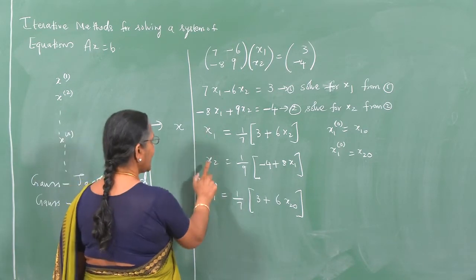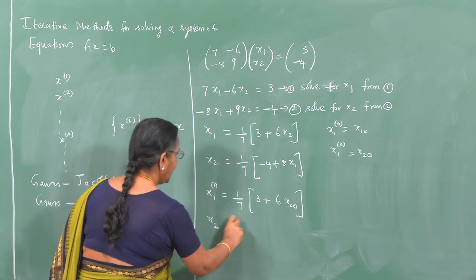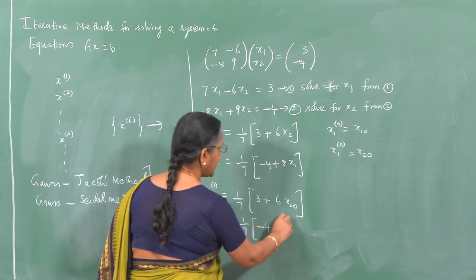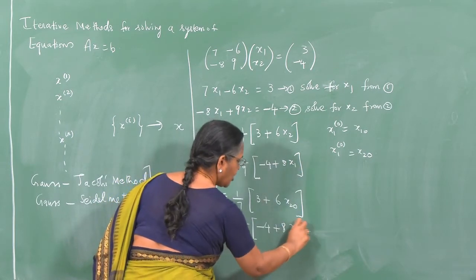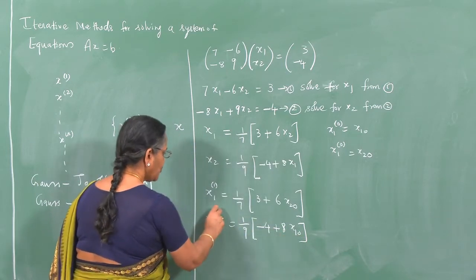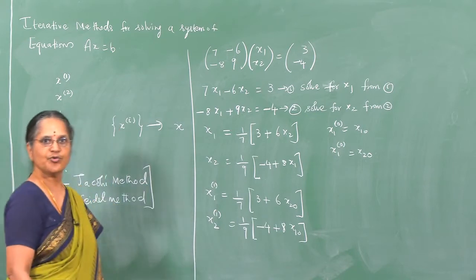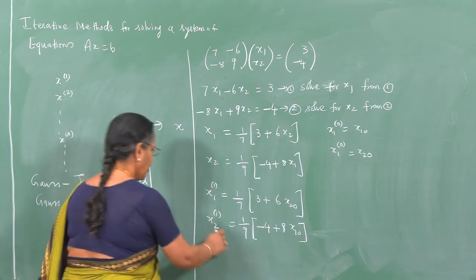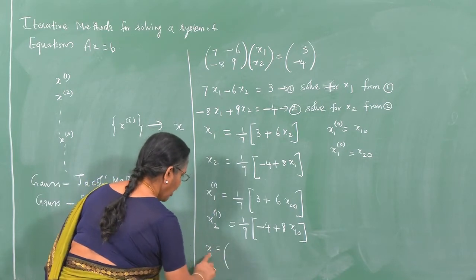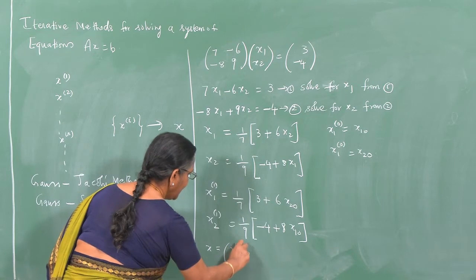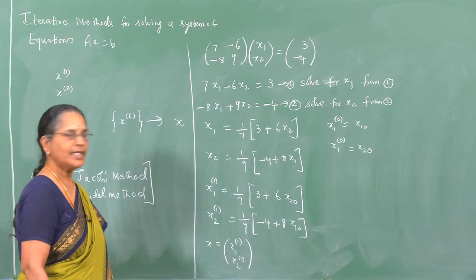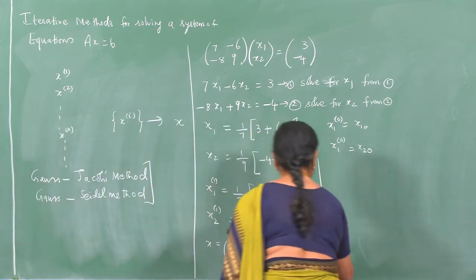Now, I go to the second equation, that is (1/9)(-4 + 8 x1^(0)). So, I have a number now which gives me x2. I call this x2^(1), and therefore at the first step I have my solution for the unknown vector x, namely x1^(1) and x2^(1). Now, I continue my computations.